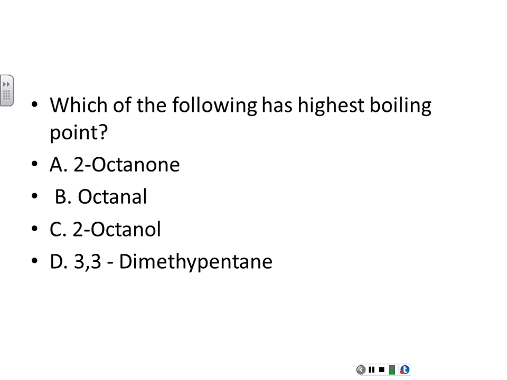So, oct means how many carbons? 1, 2, 3, 4, 5, 6, 7, 8. 2-octanone, at second position, this is a ketone. Correct. That's in second position, this is the ketone.